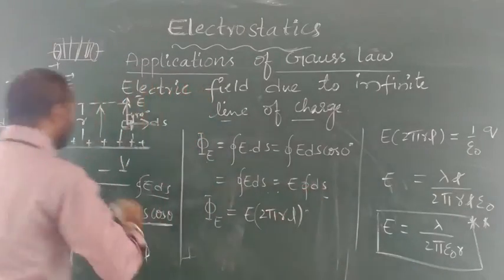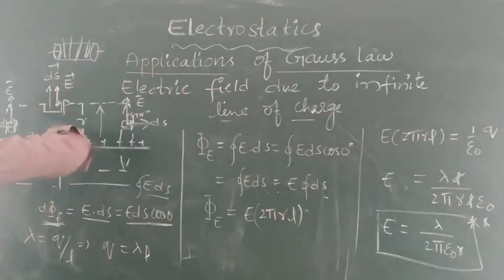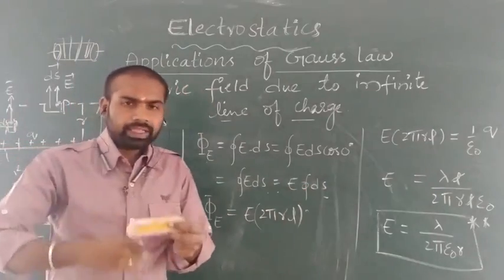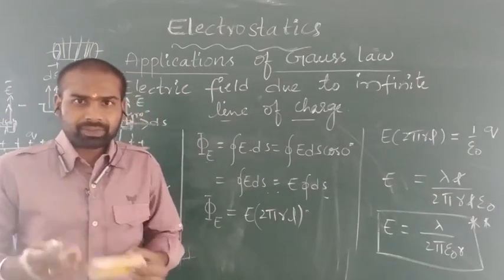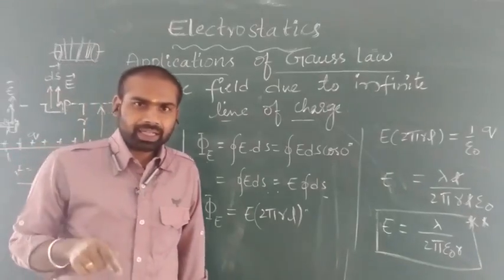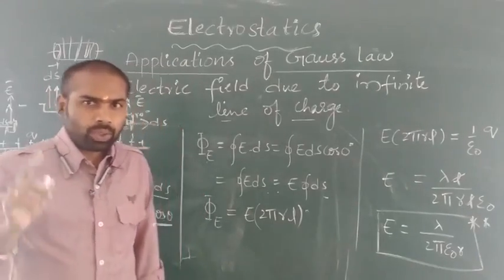Now the integration of ds over the entire curved surface. What is the area of the curved surface of a cylinder? 2 pi rl.